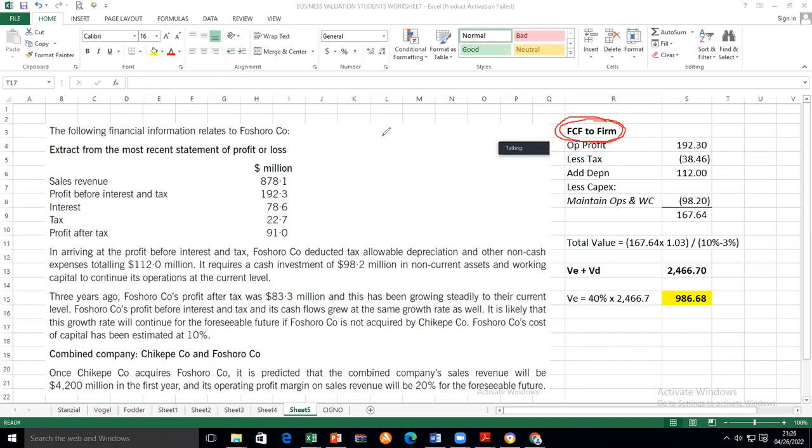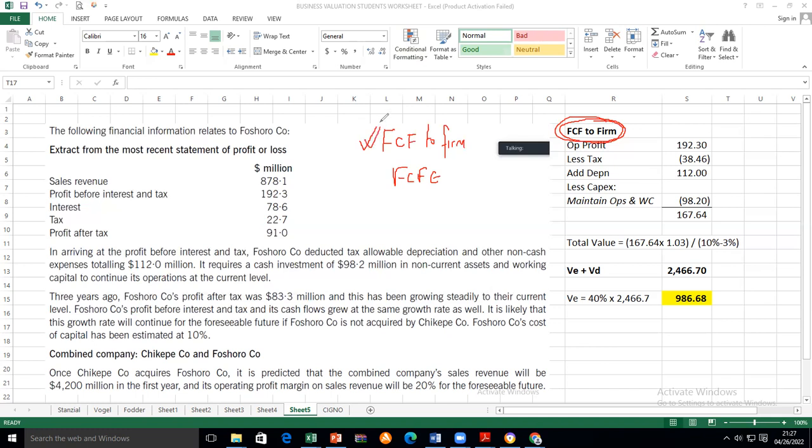One of the key learning outcomes is that all of you must be able to estimate the free cash flow to firm and also the free cash flow to equity. But the one which is more common, let's face it, is this one.